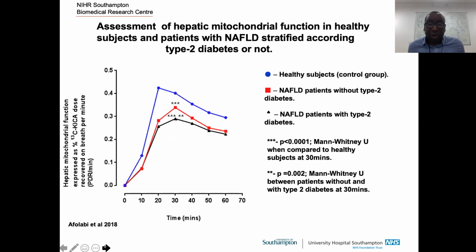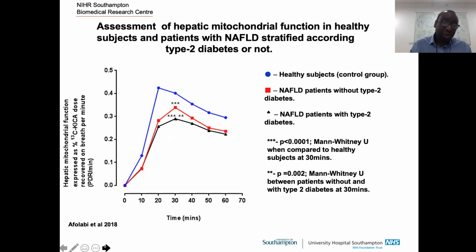So this slide here shows some of the results we got from using the 13C kicker in patients with NAFL. So we showed that when we assessed the hepatic mitochondrial function in healthy subjects and in patients with NAFL, which was stratified according to whether they had type 2 diabetes or not.